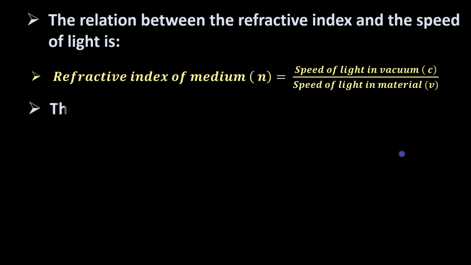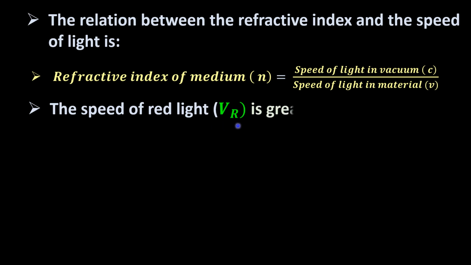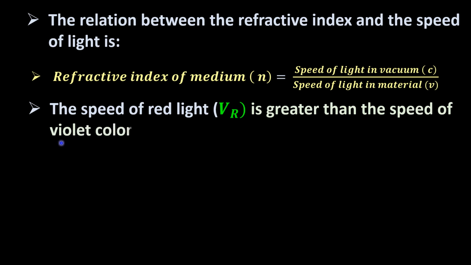See here, the speed of red light VR is greater than the speed of violet color VV in a medium. I am talking about in medium, not in vacuum. So in a medium, the speed of red light VR is more. When this value is more, NR, that is the refractive index of the medium for red light, is less.